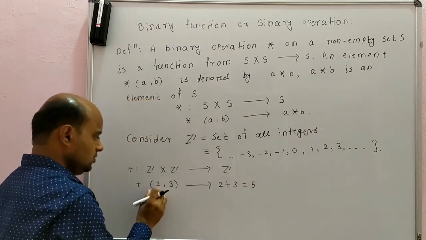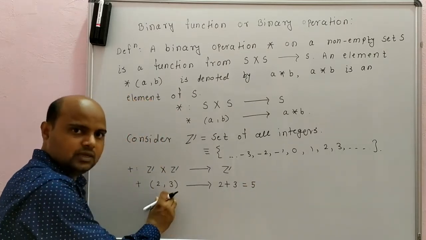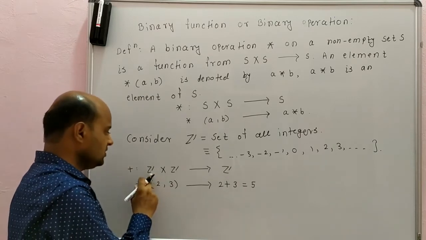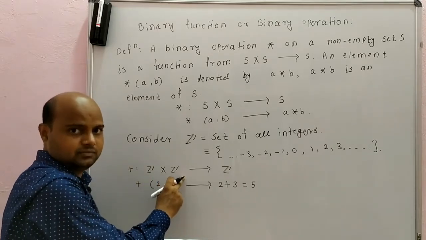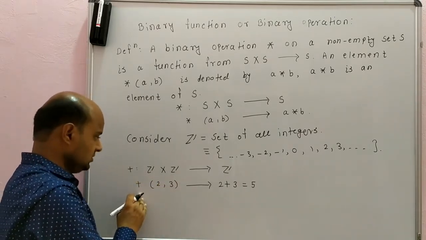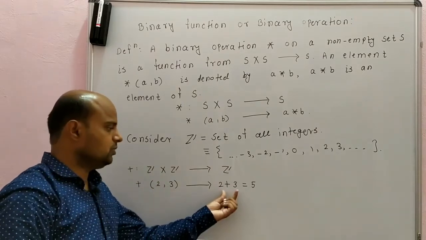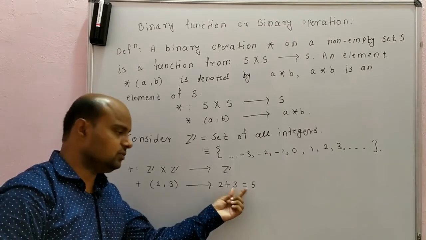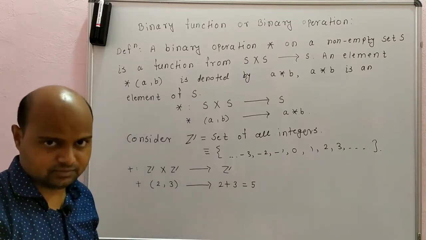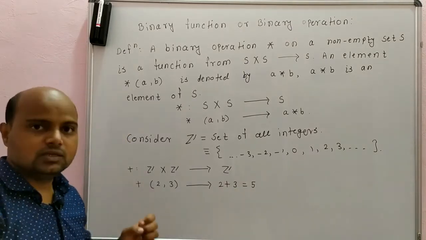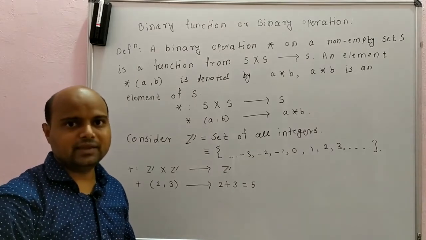See here (2, 3) is in the Cartesian product of Z with Z. Under addition (2, 3) goes to 2 plus 3 is equal to 5 and 5 is again in Z. So addition is a binary operation.